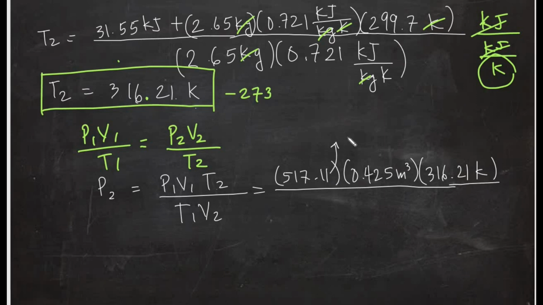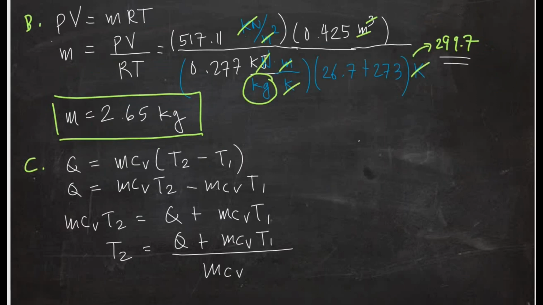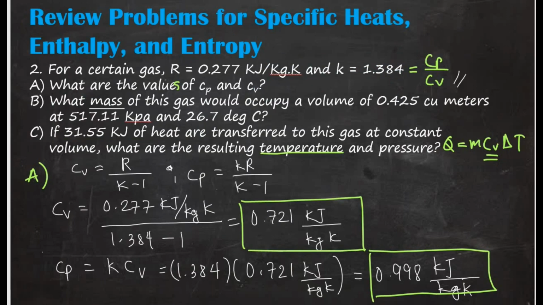By the way, this is kilopascal. And then T sub 1 is equal to 299.7 Kelvin. And V sub 2, let's go back. From letter B, it says here what mass of this gas would occupy a volume of 0.425 cubic meters.